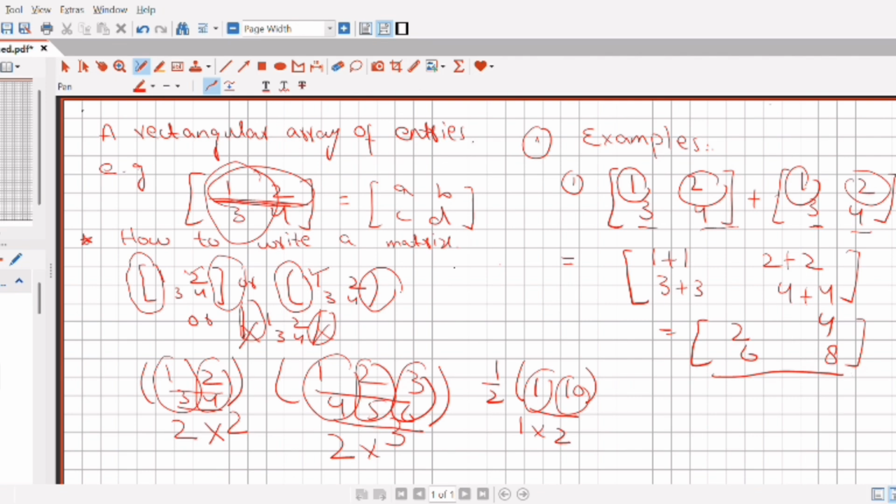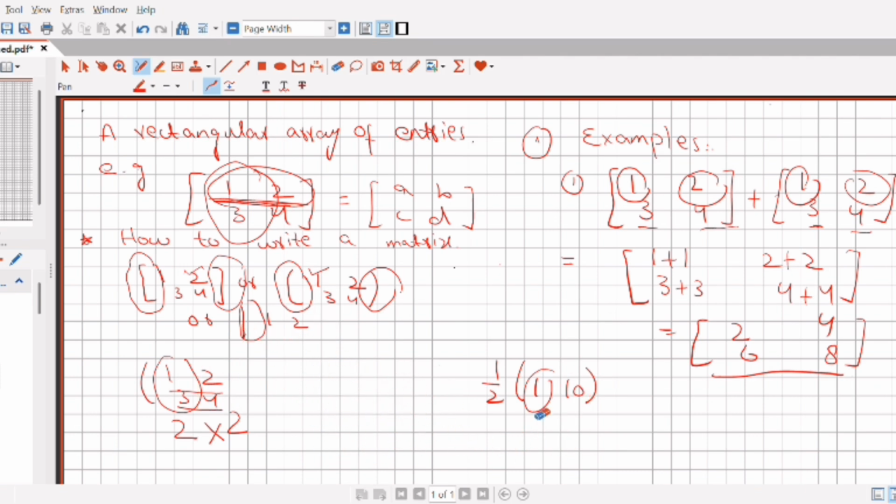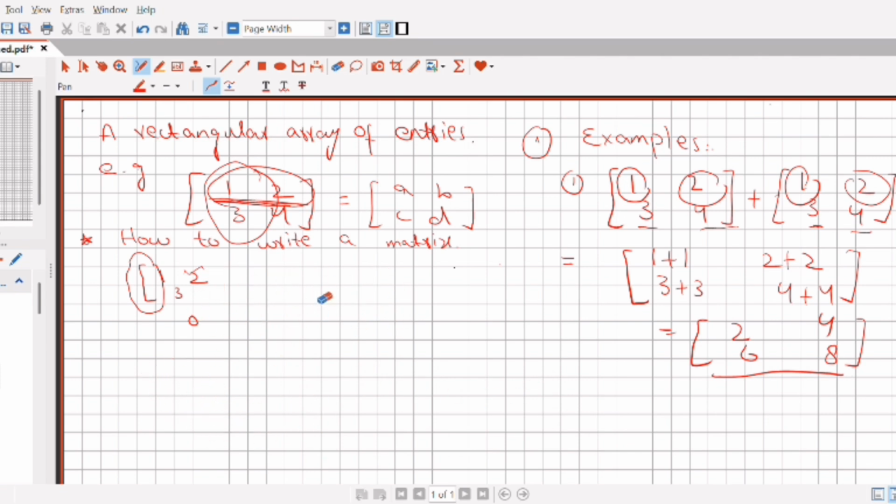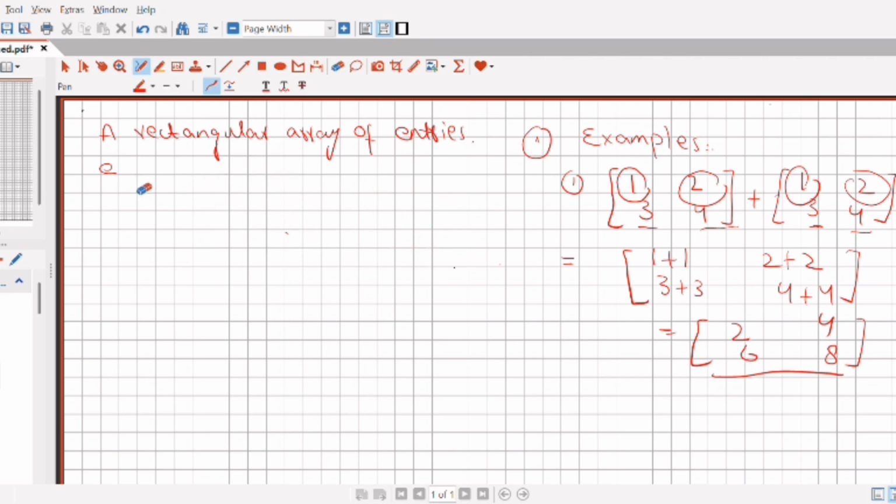Now we see how we can subtract two matrices. Basically this is the same procedure as adding matrices. Second example: 1 2 3 4 minus 1 2 3 4.